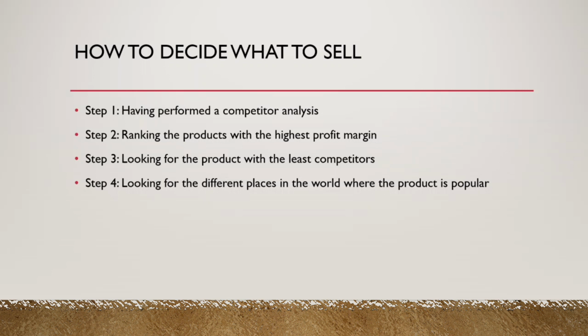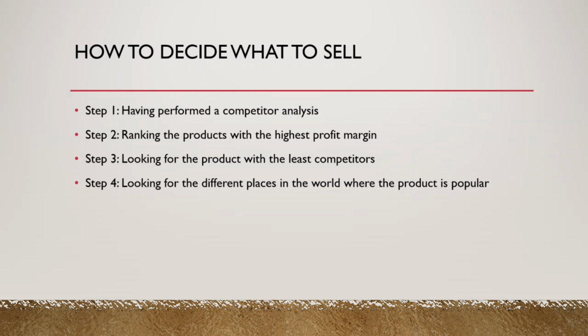So step 4, looking at different prices in different places in the world where the product is popular. Let's say you want to sell drones once again, and the product is maybe not popular in the US. But you see that, for example, in Germany or in France, or let's say in any European country, this product is really popular.